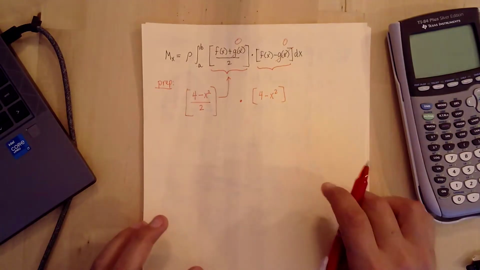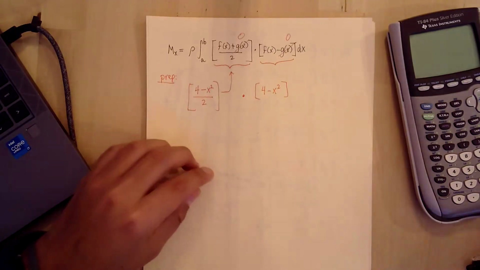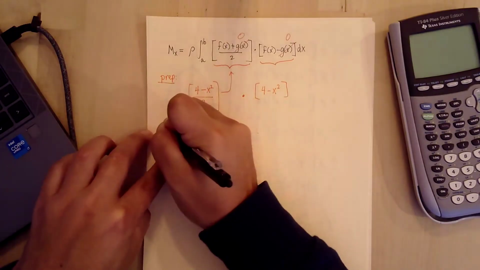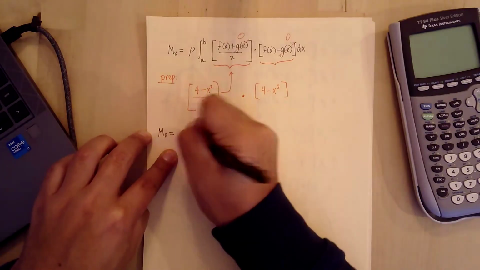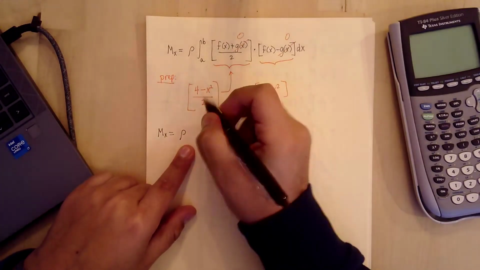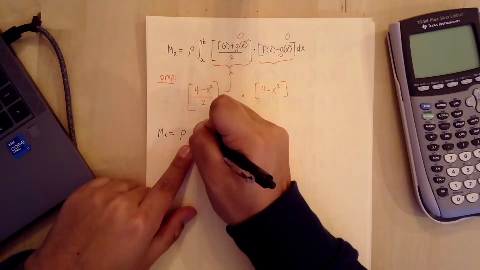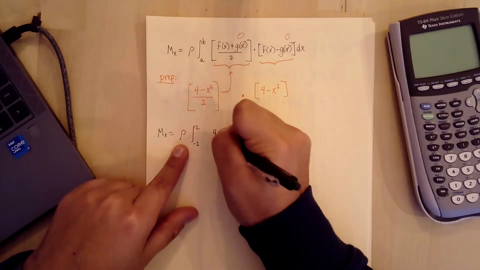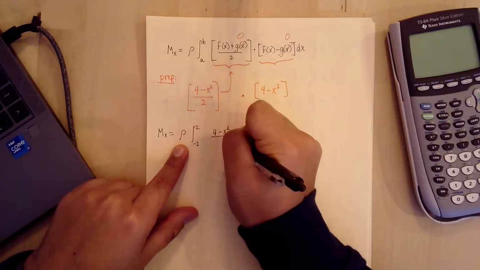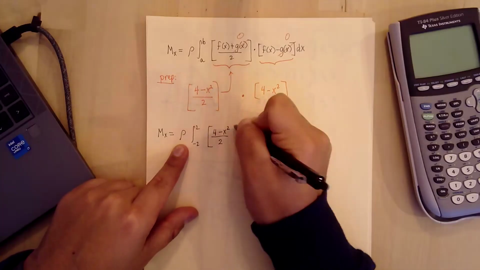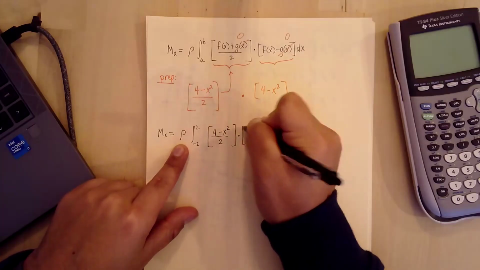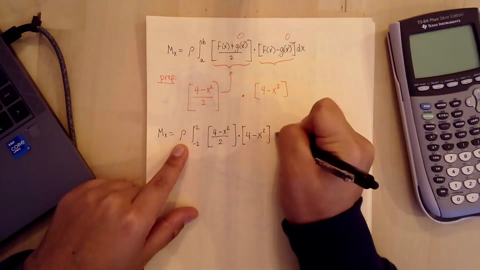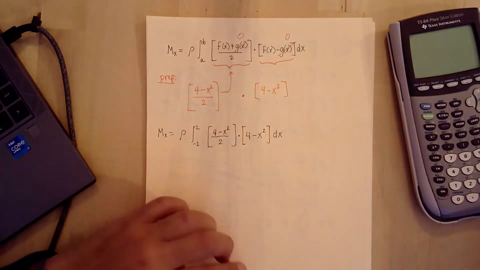So let's go ahead and set that up in the integral, and I'll do some algebra on the side. So M sub x is going to be rho, and then we'll have this from -2 to 2. We have 4 minus x squared over 2 times 4 minus x squared dx.